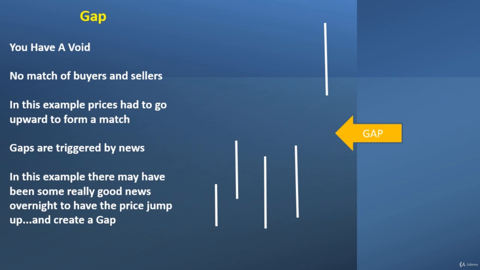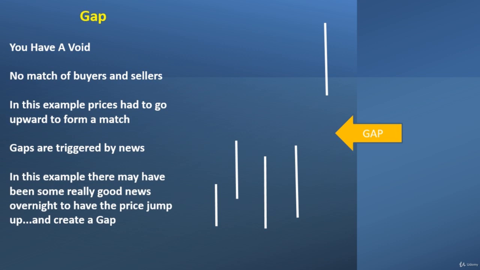So there might have been people trying to sell just a little bit above the day before, or maybe even below, or somewhere within the range of the day before. But something happened, either some good news or something that triggered everybody to say, no, I'm not going to sell that low. You're going to have to pay more for me to sell. And so the prices rise, and you can see a gap there between the 2 days.